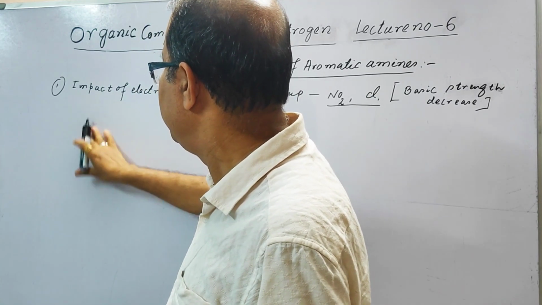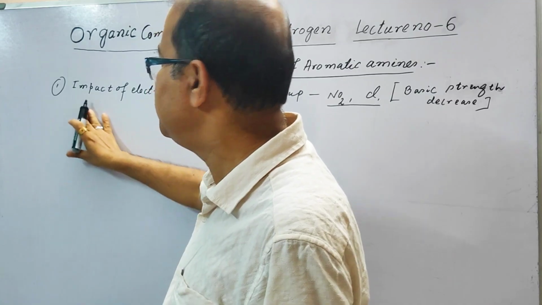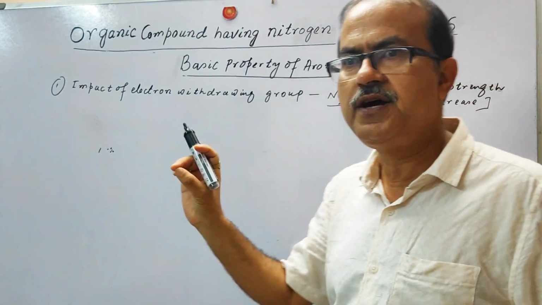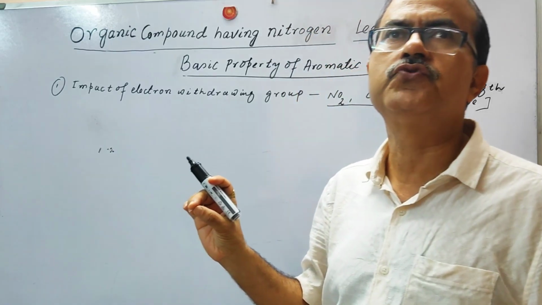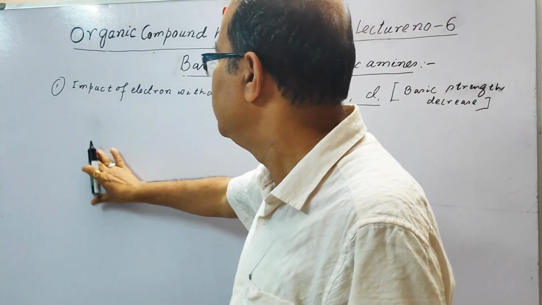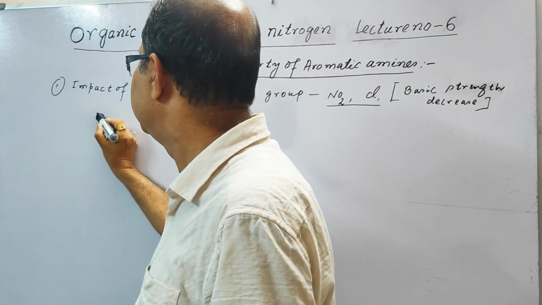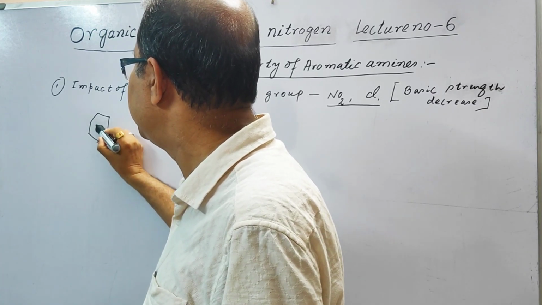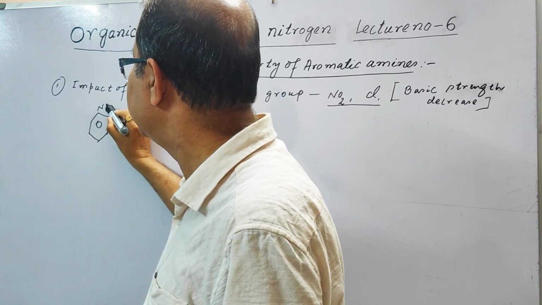In this case we will arrange in decreasing order, so first we will give the species which has the highest basic property. So first we will give the aniline, because basic strength will decrease.